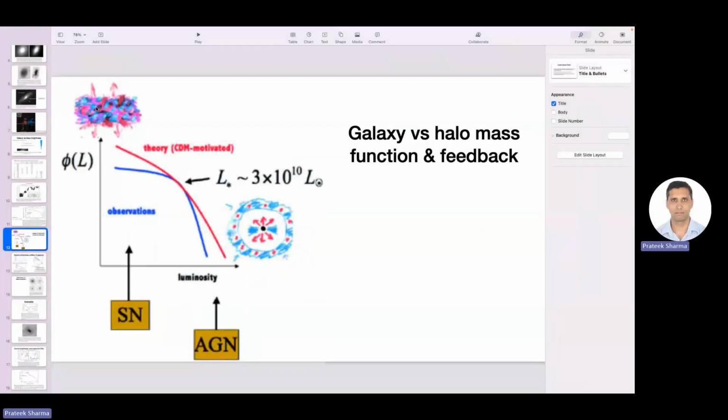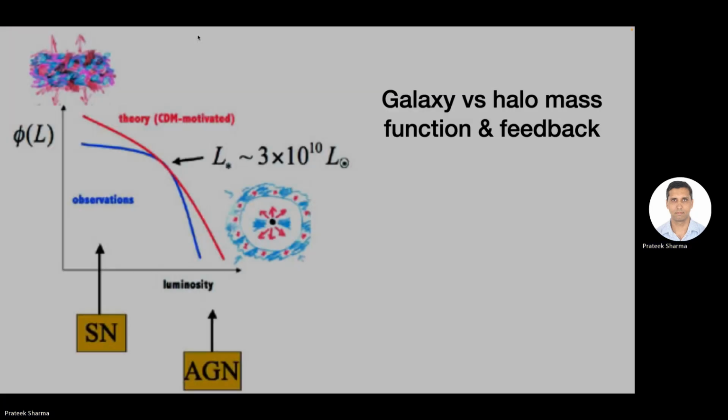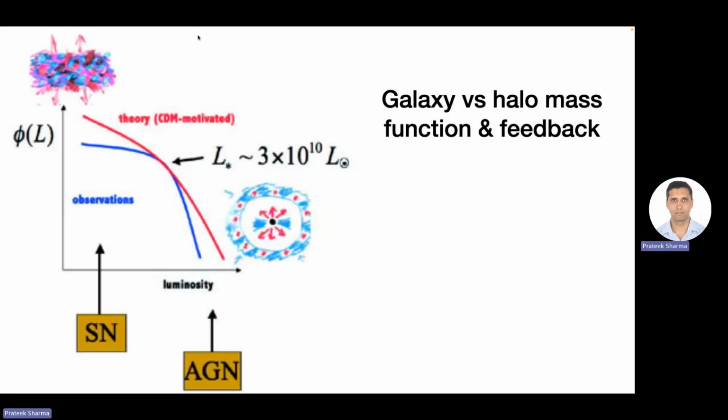So last time we ended around about here. Right, so I had just quickly told you about the utility of luminosity or mass functions of galaxies. So some of you who have worked on galaxy formation must have encountered this.